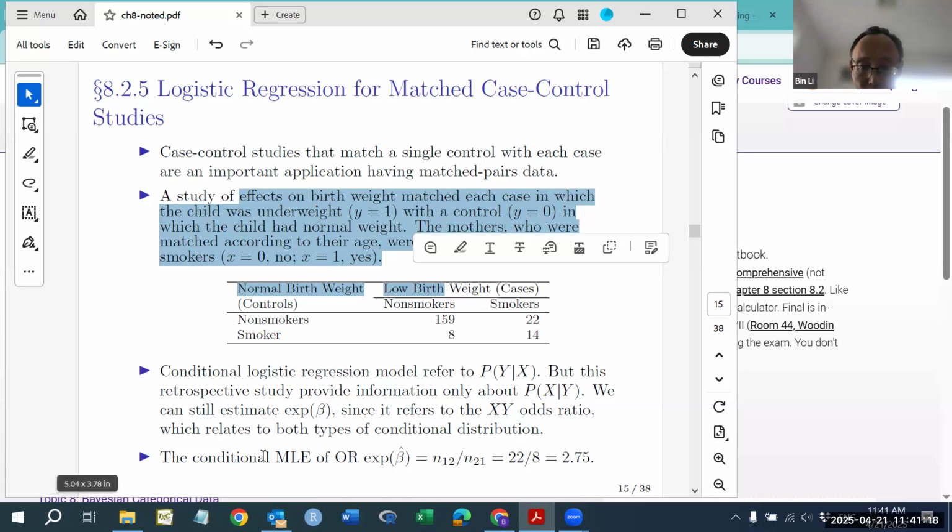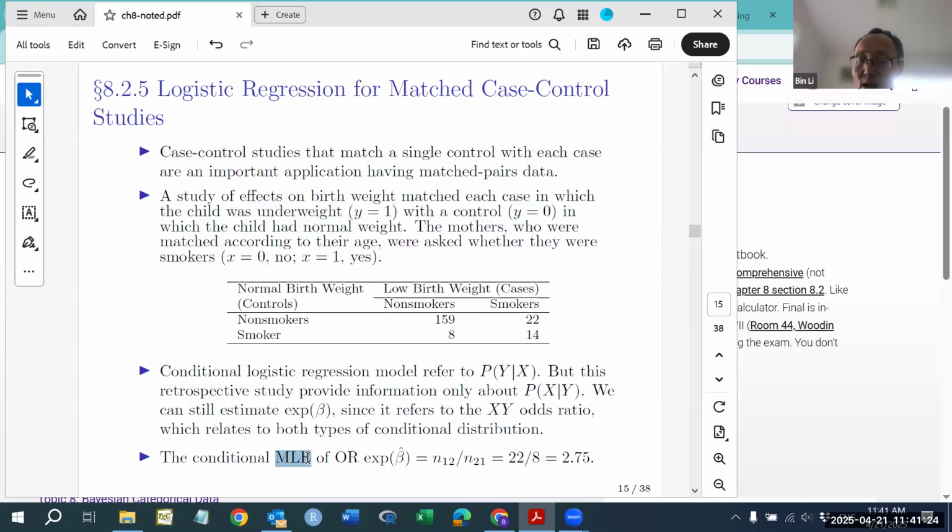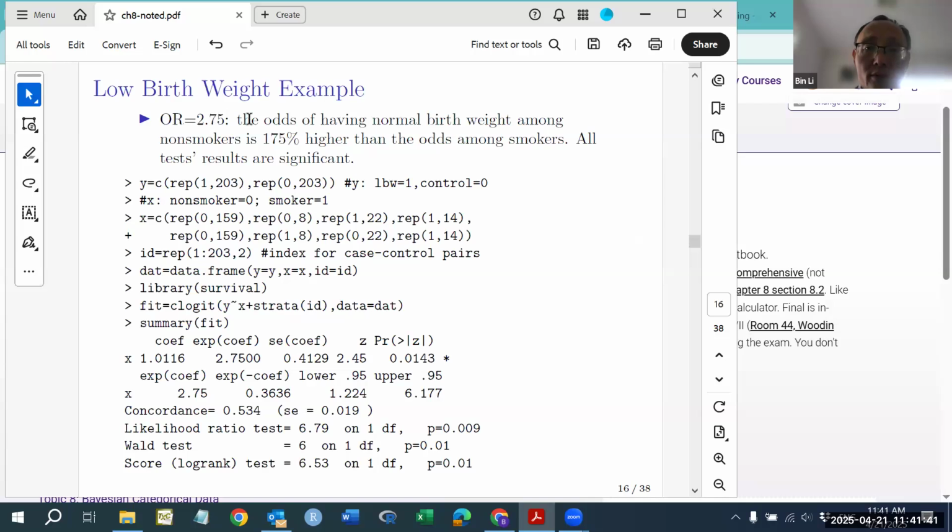Okay, so this is the result. The conditional maximum likelihood estimate for the odds ratio is 2.75, which is the ratio of the off-diagonal counts, 22 and 8. That's 2.75, the conditional maximum likelihood. And the odds ratio is 2.75.